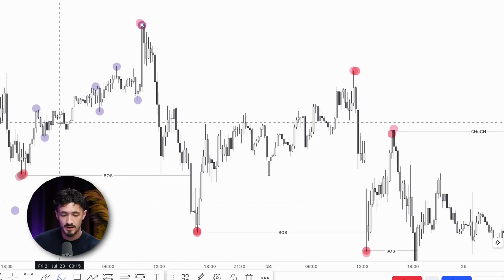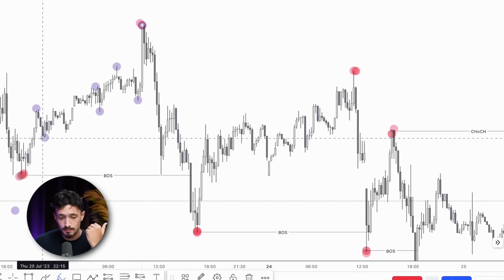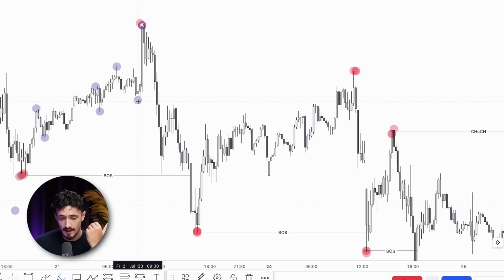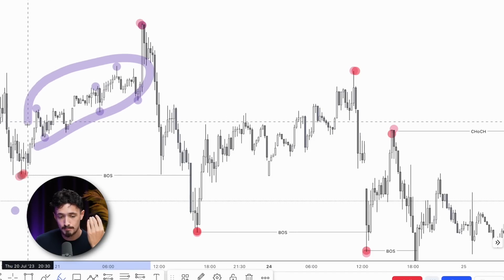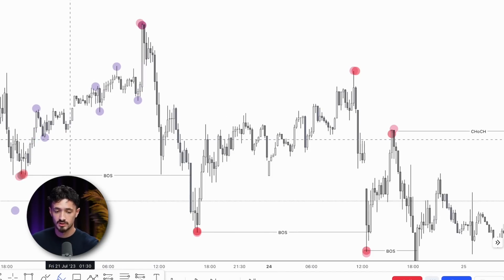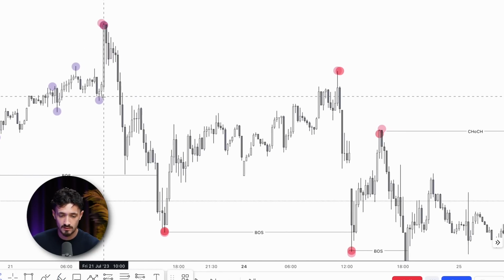So understand there that whilst, yes, the swing structure is bearish, as price pulls back into its premium area, price is putting in a series of higher highs inside. We're actually getting a move up, bullish, right? And then what happens? Price changes character in here.